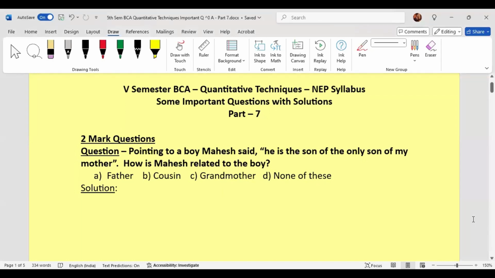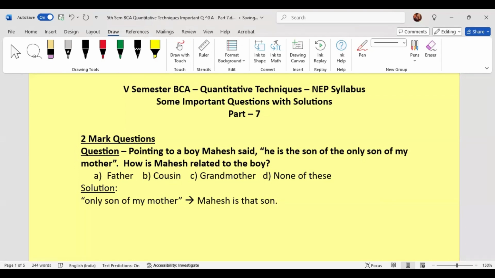See the wordings, only son of my mother. This implies that Mahesh is that son.